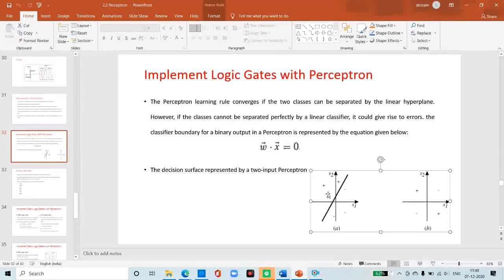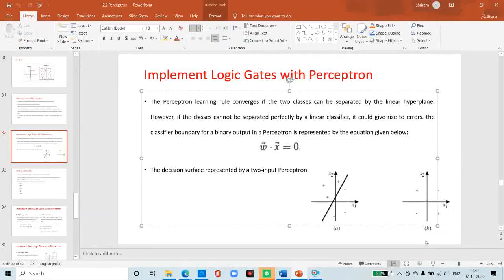The first diagram is a set of training examples and the decision surface of a perceptron that classifies them correctly. In the second diagram, the set of training examples are not linearly separable, that is, they cannot be correctly classified by any straight line.